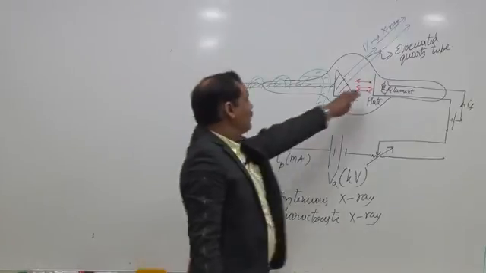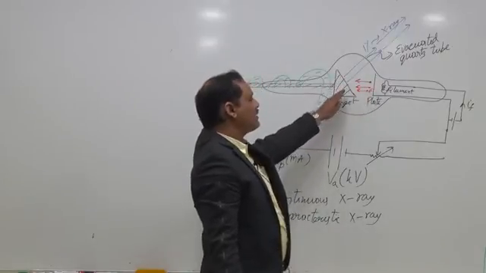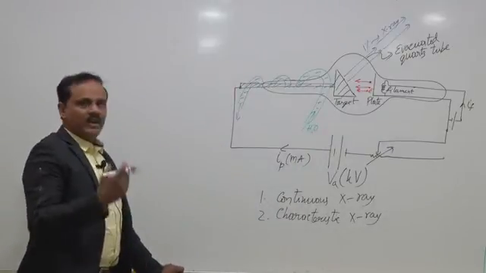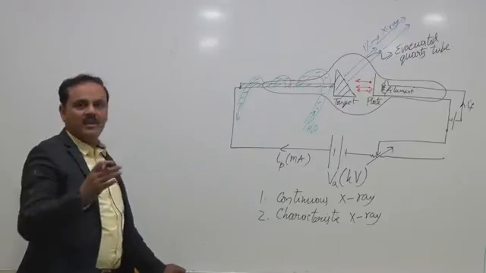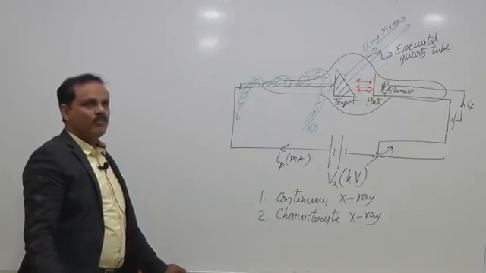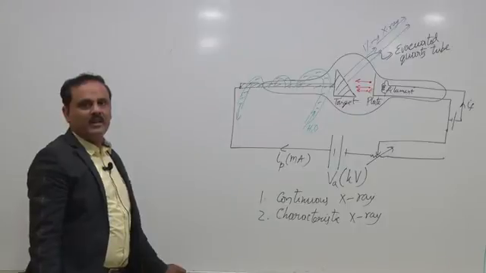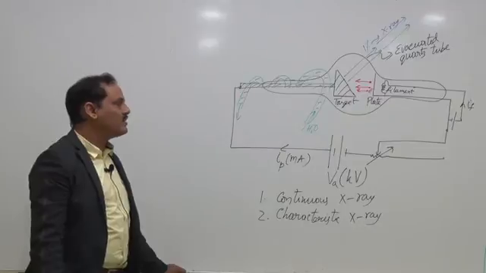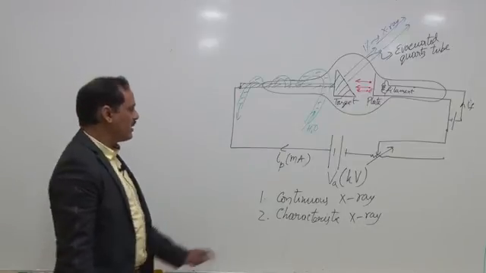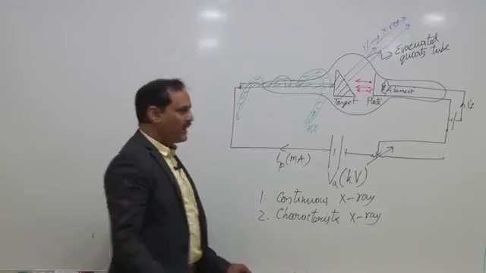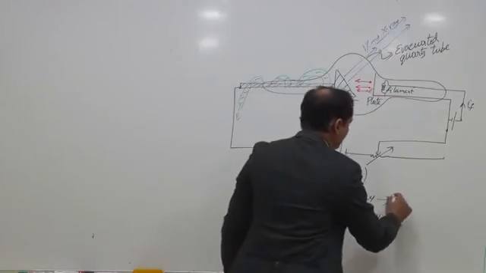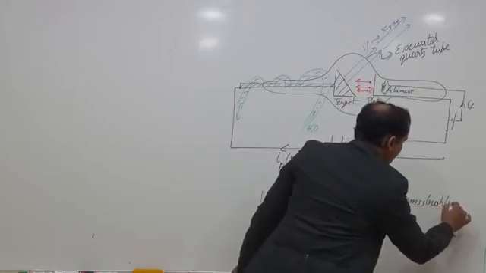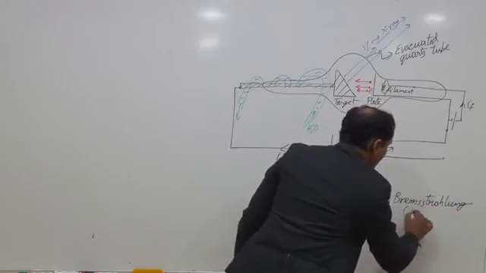The bombarded electron hits the target and keeps on losing its kinetic energy. By losing its kinetic energy, it keeps on emitting photons continuously. That phenomenon is called braking radiation, when electrons break their kinetic energy into several parts. Due to that braking radiation, continuous X-ray is produced. That braking radiation is also called Bremsstrahlung.